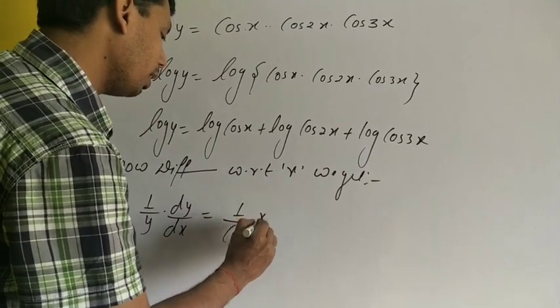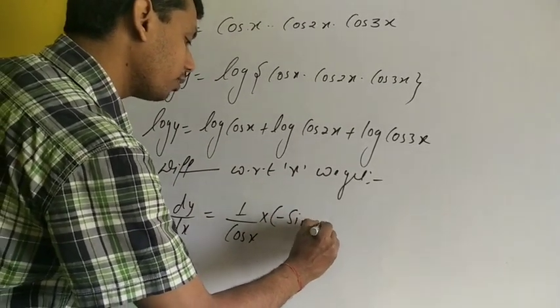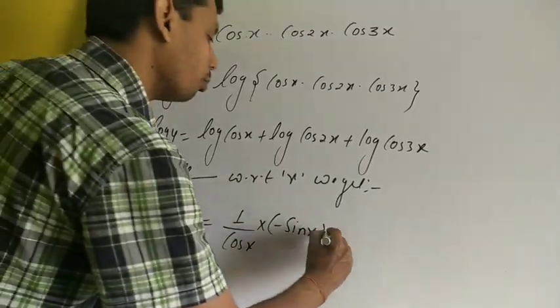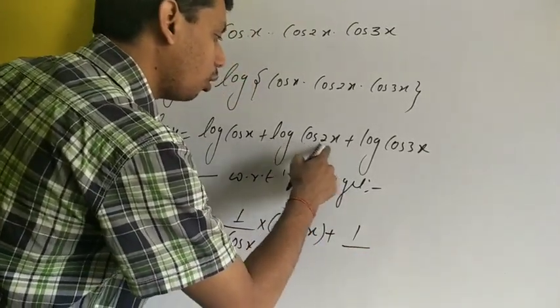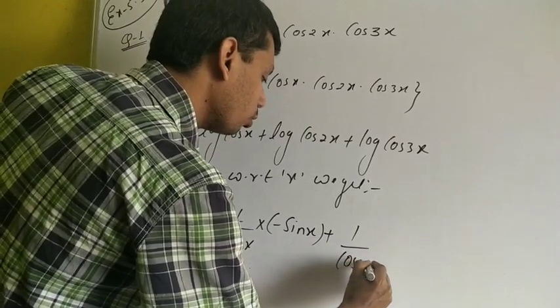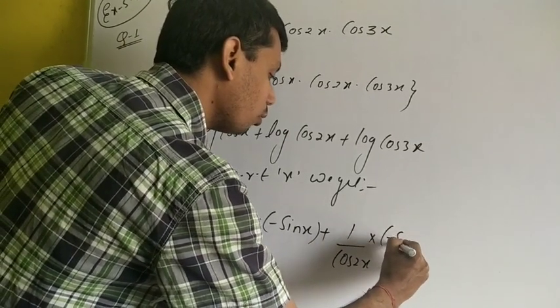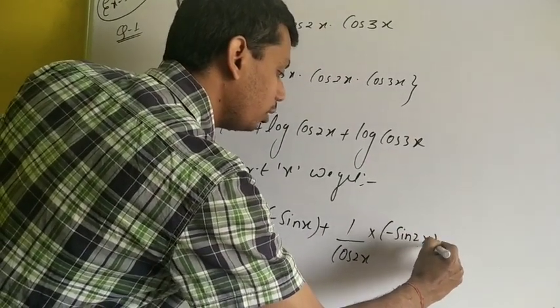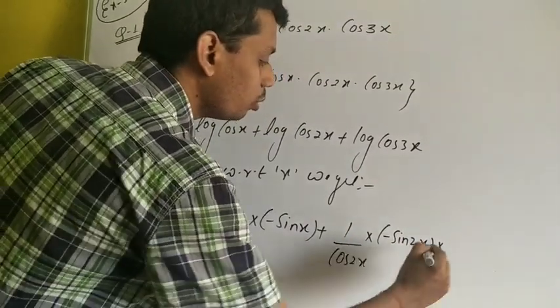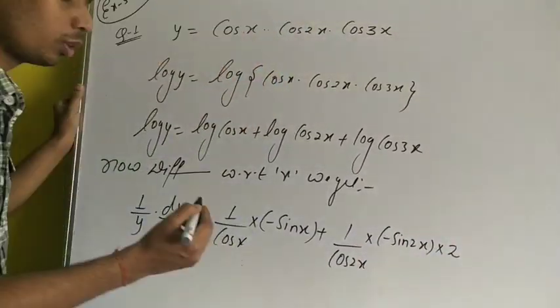Now log cos x, its differentiation will be 1 by cos x into the differentiation of cos x, minus sin x, plus for log cos 2x, 1 by cos 2x, differentiation of cos 2x is minus sin 2x, and differentiation of 2x is 2.